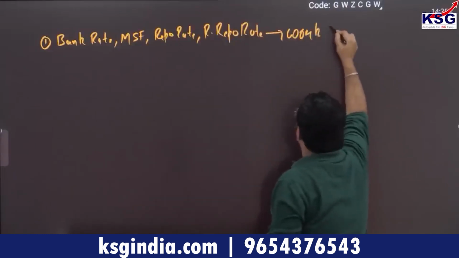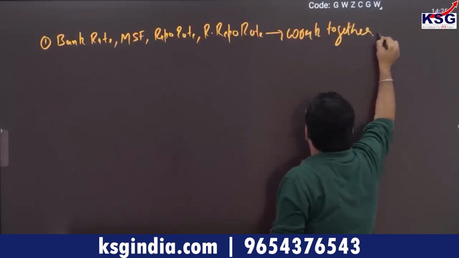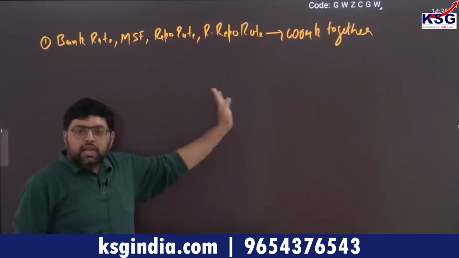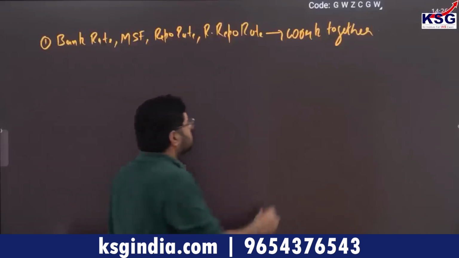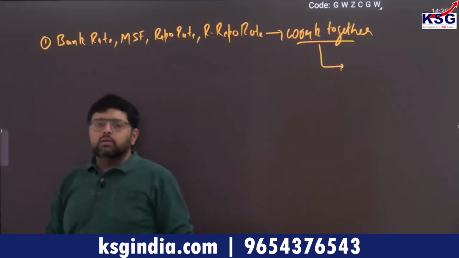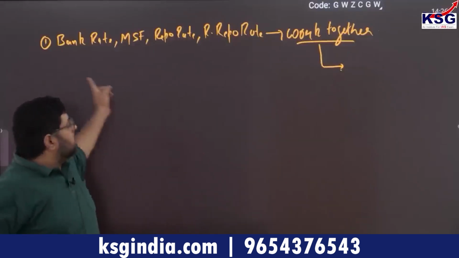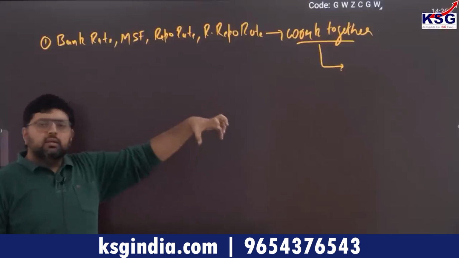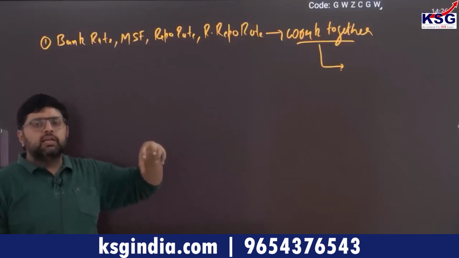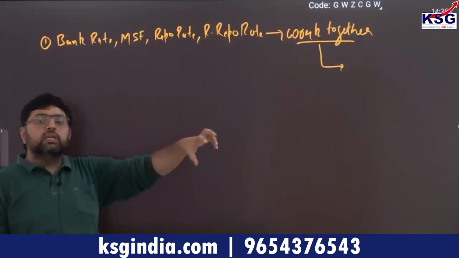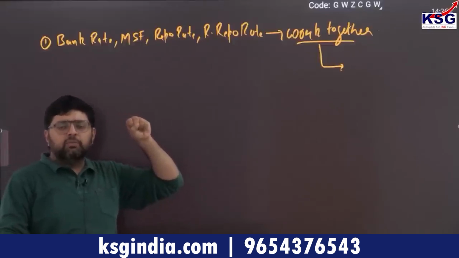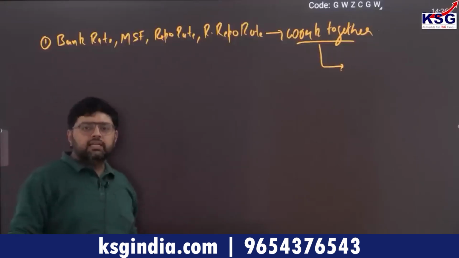Now you understood how they work together. Why? Because they are linked together. Number two, what you have to remember is that when we are using these tools, we are gradually reducing the money from the money supply. So suppose we are increasing the repo rate, it means the intention is to gradually, in a slow manner, reduce the money supply. So basically what RBI is saying in this way, it is like this.